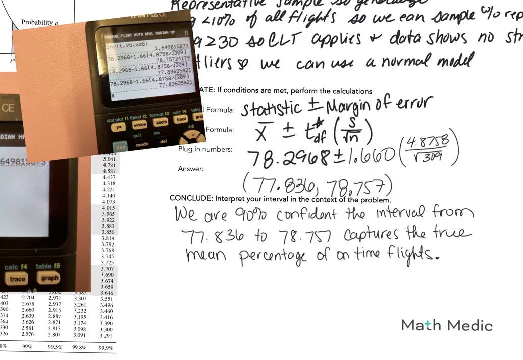And then if one airline claims their on-time flights is 80%, does our interval support that? Well, if they're claiming 80%, this interval doesn't support that.